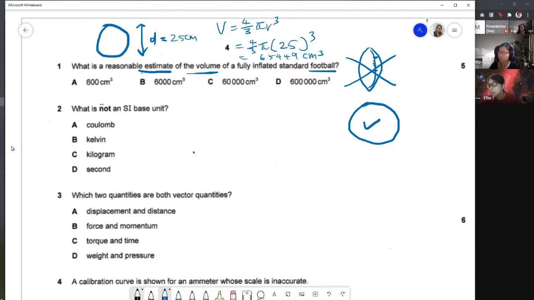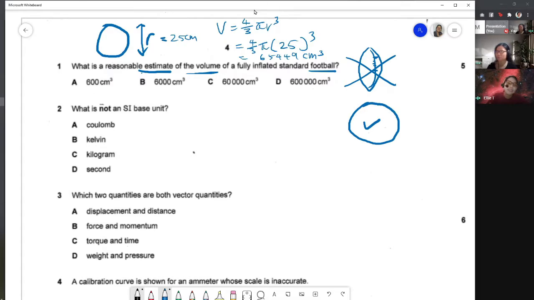Do you agree? I agree if your estimate for this is the radius. You put radius 25? Oh yeah, GG. But never mind, we got an answer. Radius can also. Wow, then the ball must be very big.